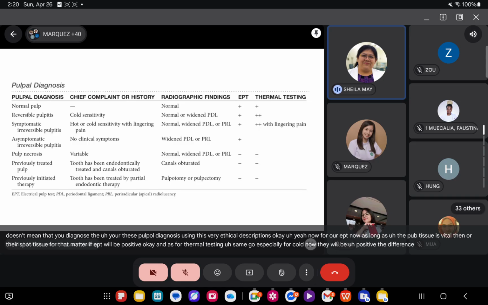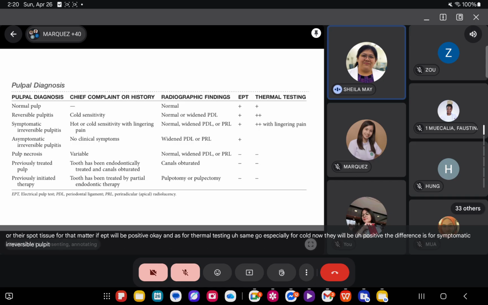The difference is for symptomatic irreversible pulpitis. This sensitivity will be lingering. Okay, and the usual clinical scenario of this will be, of course, you have a carious lesion and the patient is complaining of more pain, usually on exposure to cold, lingering.